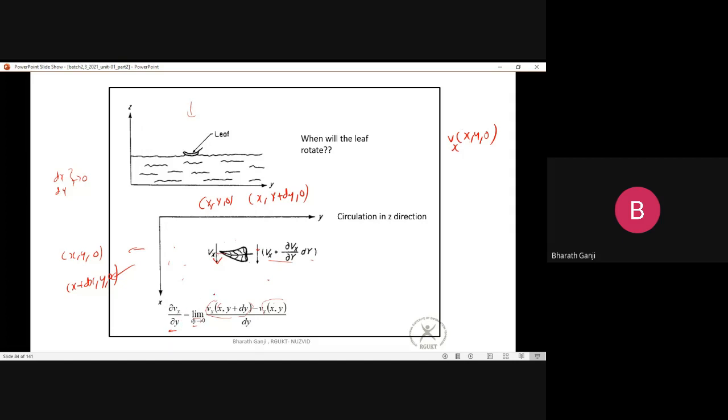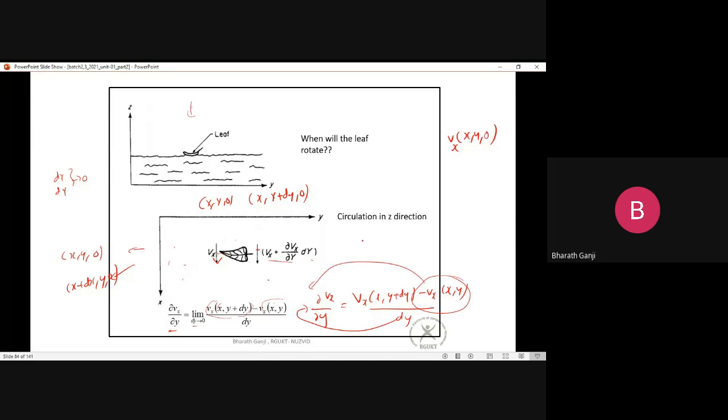As dy is very small, I can approximately say that dou vx by dou y is nothing but vx of x comma y plus dy minus vx of x comma y, divided by dy. So I can bring this dy to the other side and bring this vx onto this side.